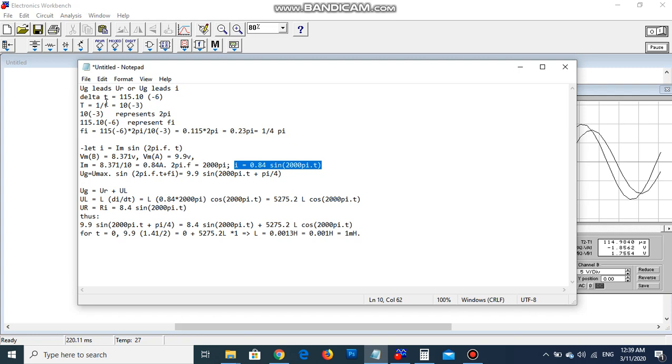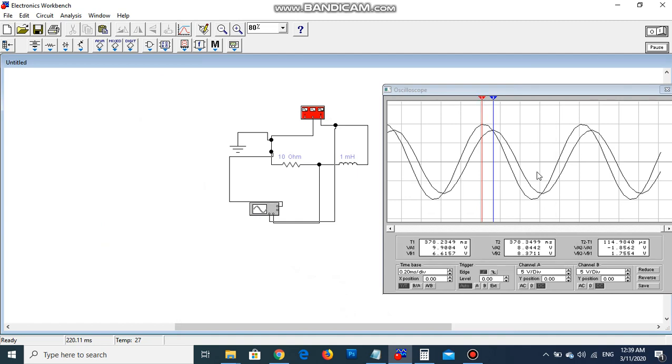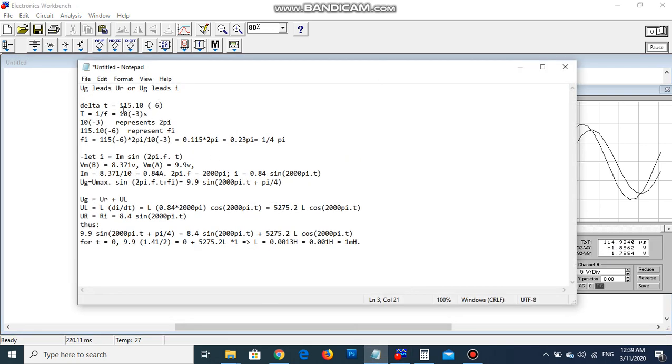As I write here, first, UG leads UR or UG leads I. Second, the period T is 1 over f, which is 10 to the power negative 3 seconds. And the difference between the two is given here. T2 minus T1 is 114 microseconds, 0.98. So I assume that it is 115 times 10 to the negative 6 seconds, which gives me delta T, the difference between them.